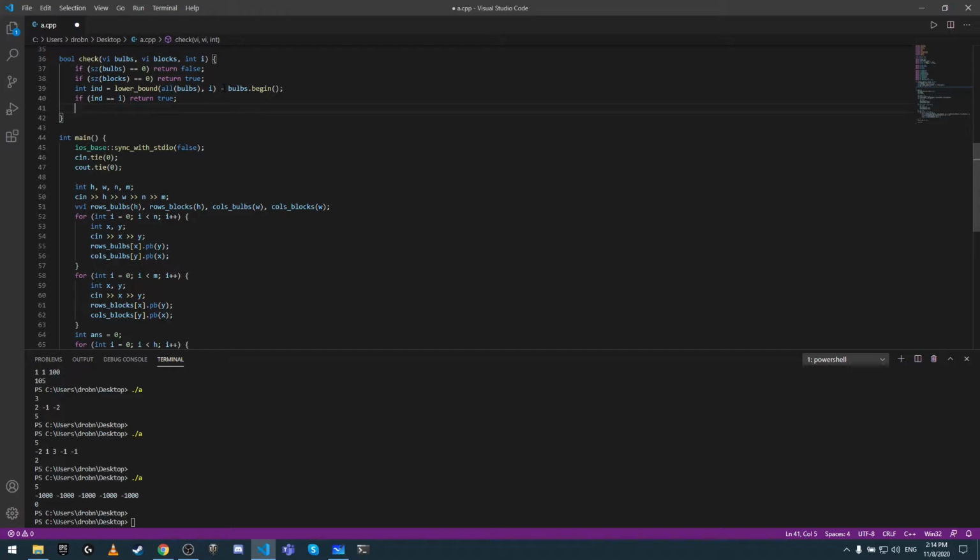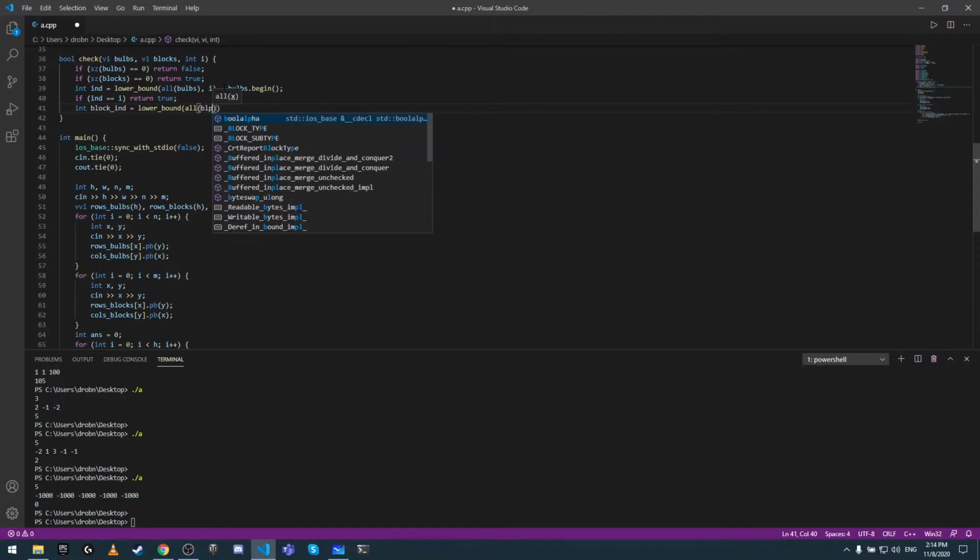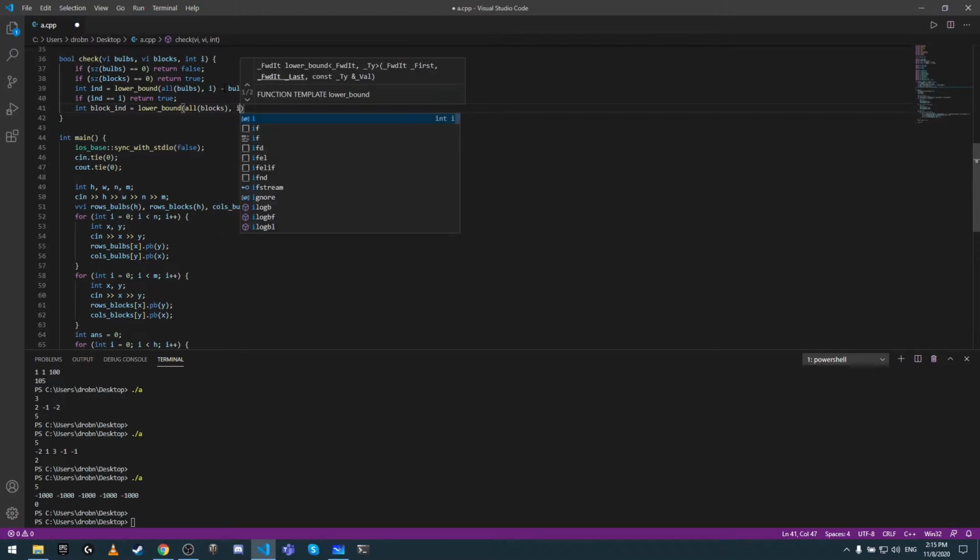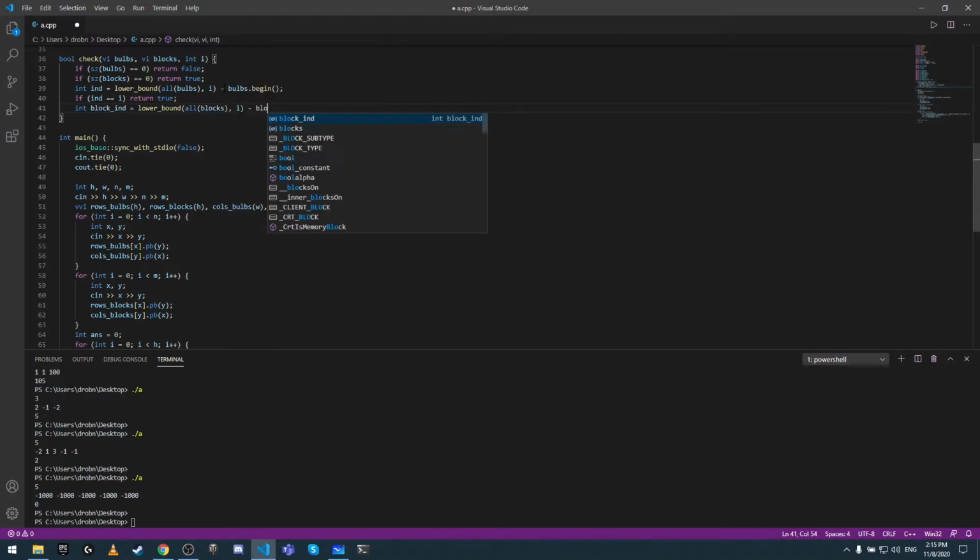So basically we just do the int block index equals lower bound of blocks, and we are also looking for I minus blocks begin.